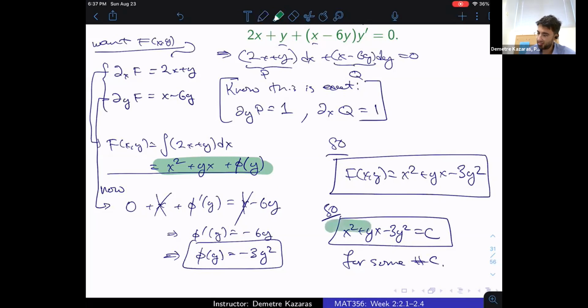If you're interested, I believe the integral curves of the differential equation will be hyperbolas that are shifted a little bit. Anyway, this is the end of the problem.